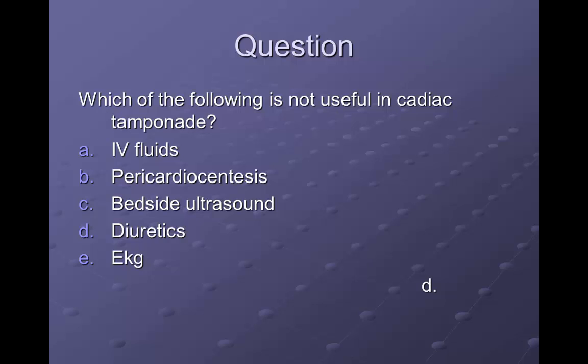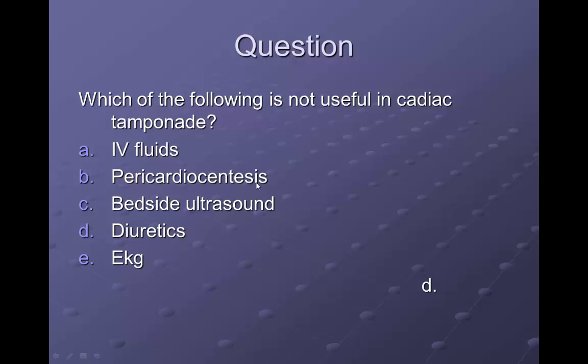Which of the following is not useful in cardiac tamponade? Remember that in cardiac tamponade, you need to improve hemodynamics. So the first and best choice is to give IV fluids. It doesn't matter that a patient has signs and symptoms of overload. If the patient has pericardial tamponade, your first approach is to improve cardiac output and hemodynamics by giving IV fluids.